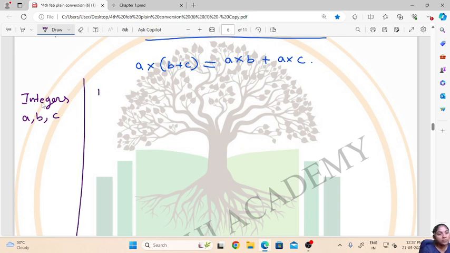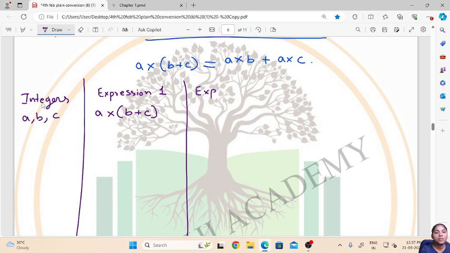Then we have our first expression, that is a multiplied by (b plus c), and our expression 2 is a multiplied by b plus a multiplied by c.